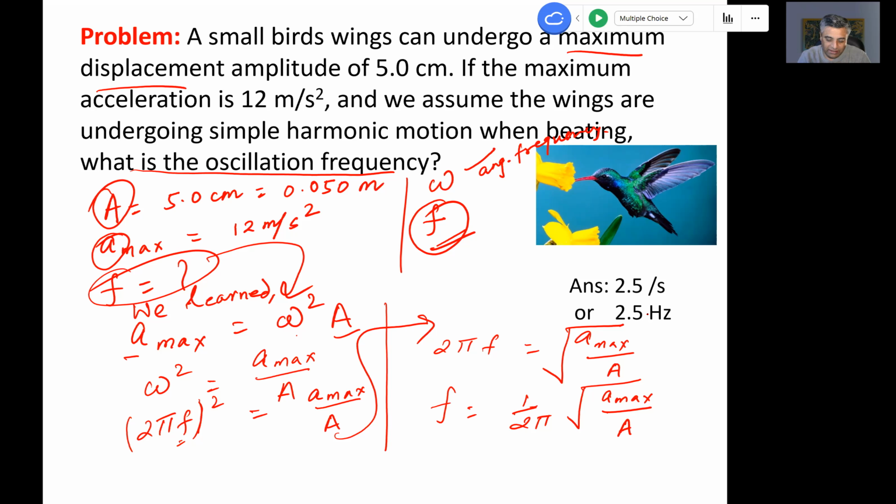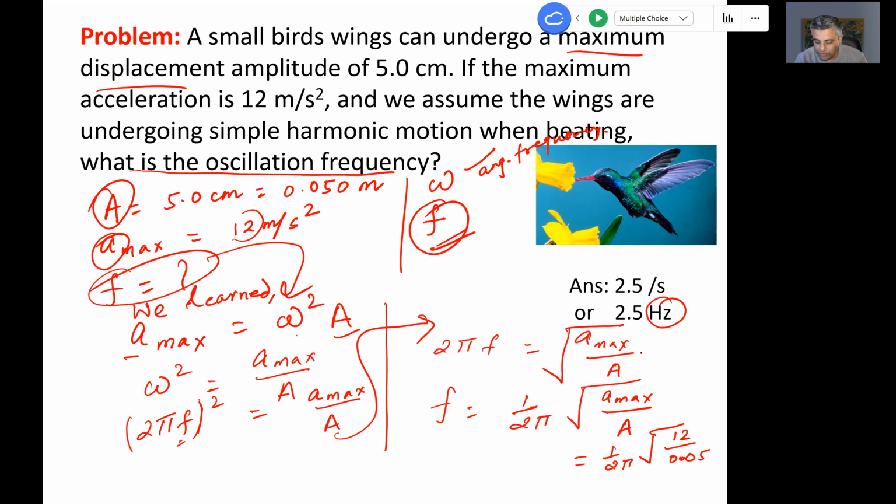So A max is 12 and this uppercase A amplitude is 0.05. So 12 over 0.05. The unit of frequency is 1 over second, and 1 over second is also known as hertz, okay?